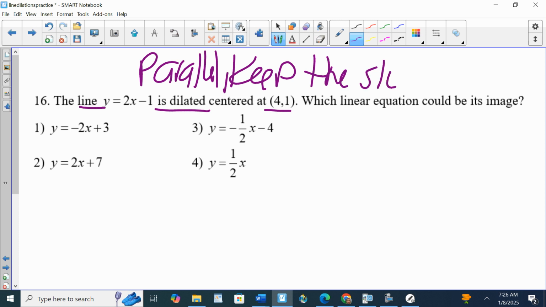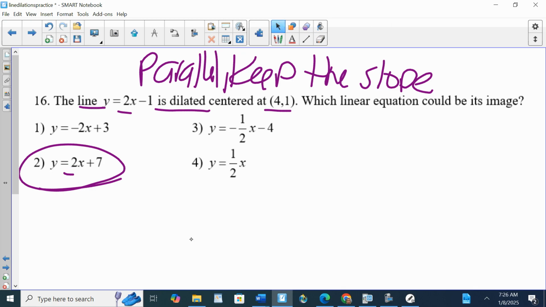Whenever a line is being dilated, the slope has to be the same. So this has a slope of 2. This has a slope of 2. That's the answer. When a line is being dilated, it must have the same slope. So if it says a line is dilated, it doesn't say what the center is or what the scale factor is. All I know is that the slope must be the same.